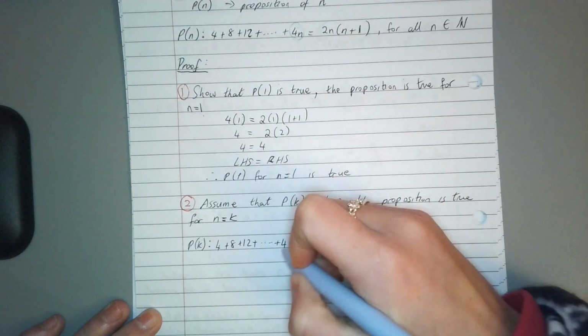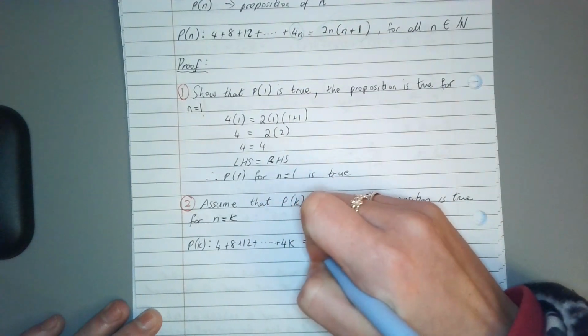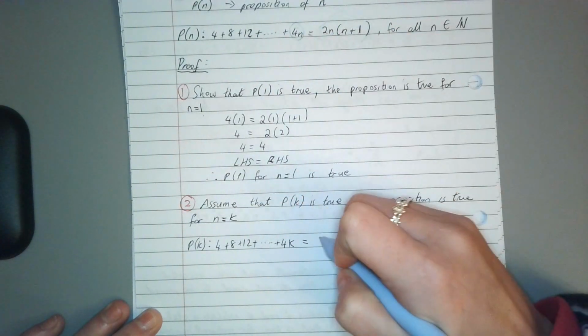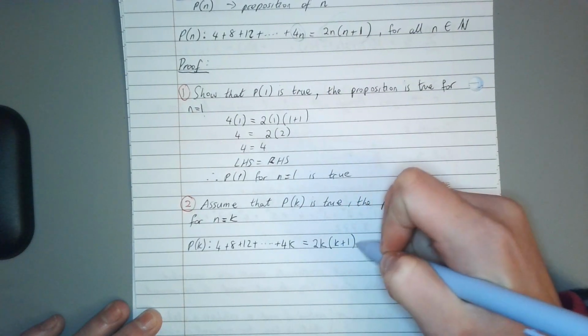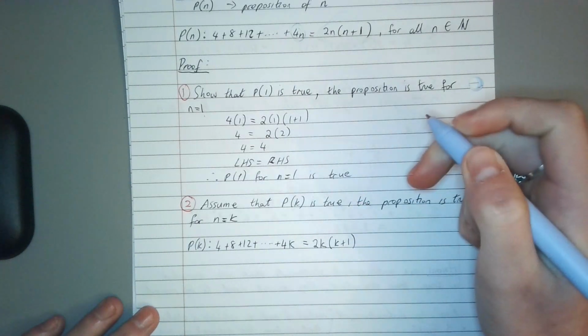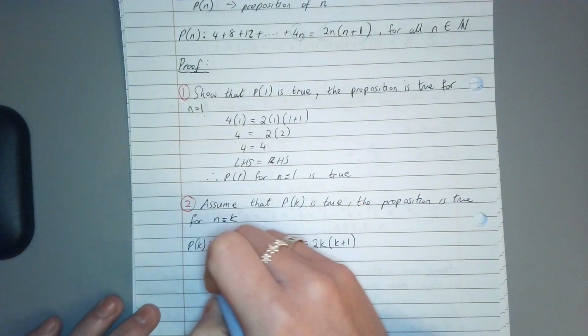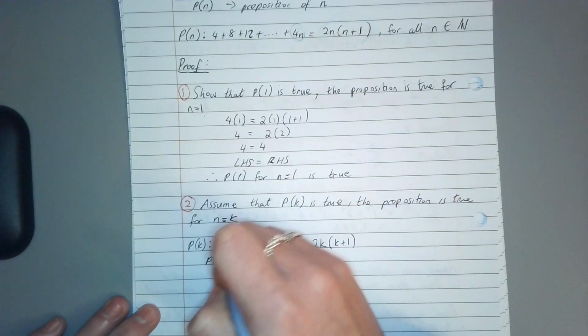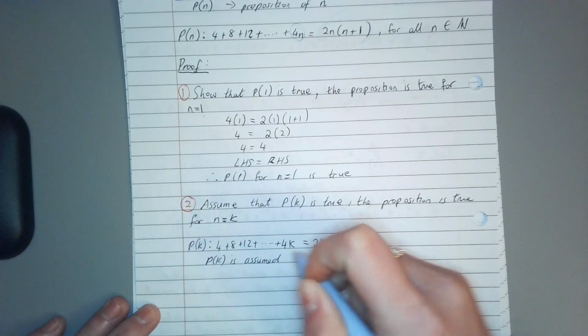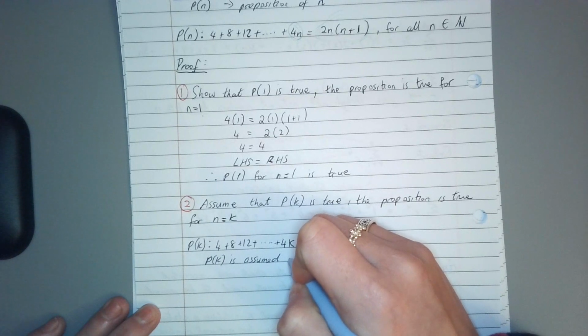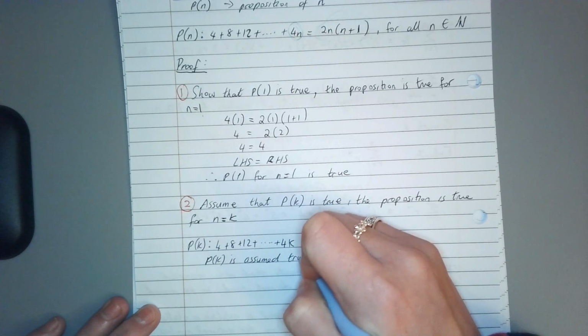So it was n and now it's k, equals, and the n's here we're going to put in k, so 2k bracket k plus 1. And we're going to say that P(k) is assumed true. So we're assuming it's true, so we can move on to the next part.